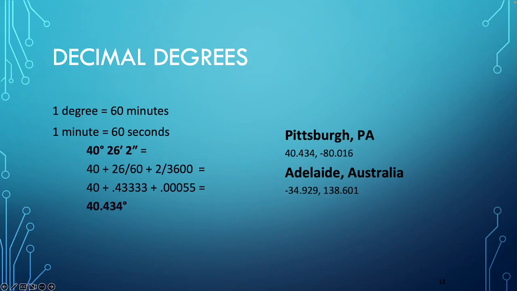We can divide 26 by 60 and we get 0.433 repeating. We can also divide 2 by 3600 because there are 3600 seconds in a degree. So 2 divided by 3600 gets 0.00055. And if we add them together, we get, rounded, 40.434 degrees. All right.